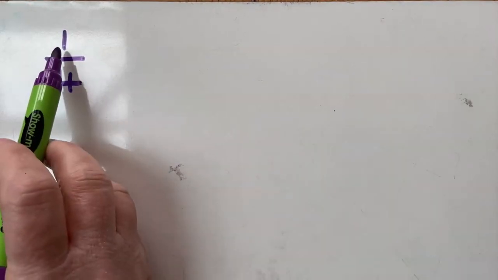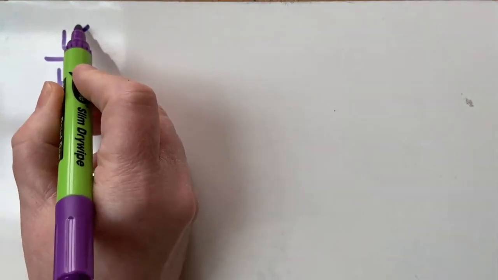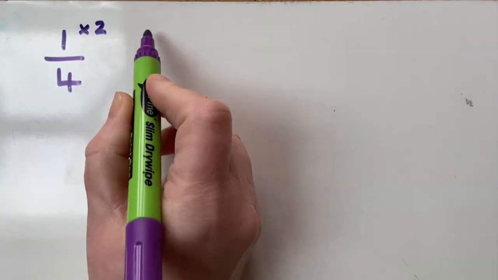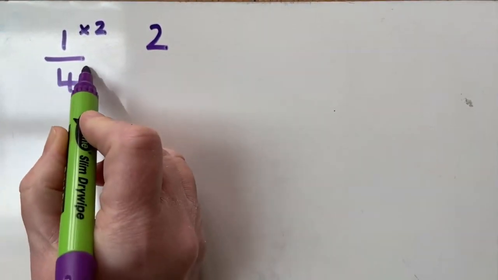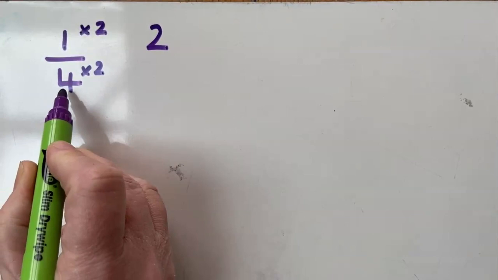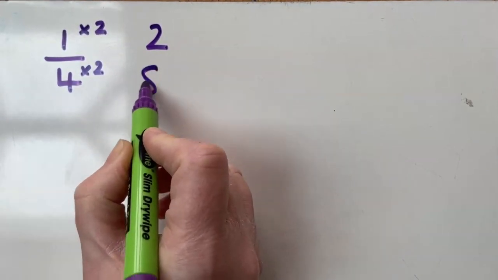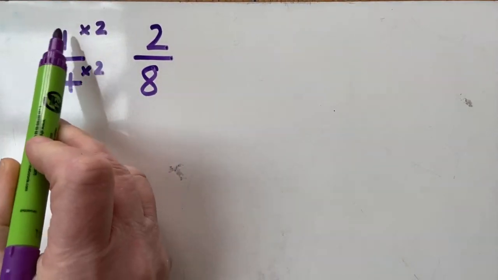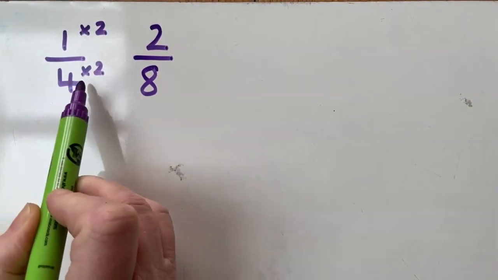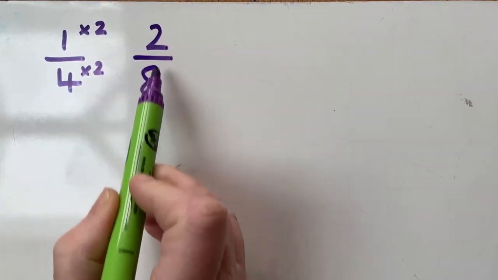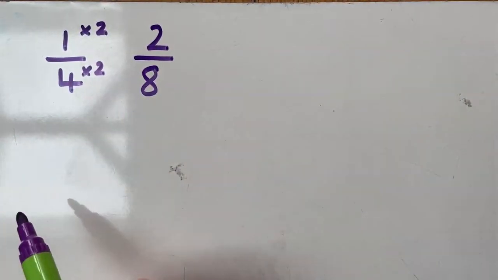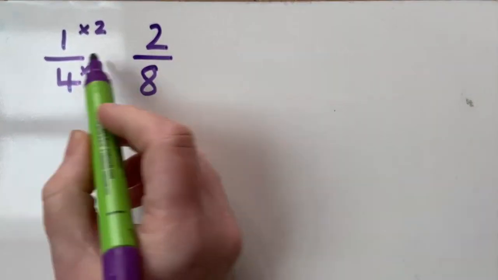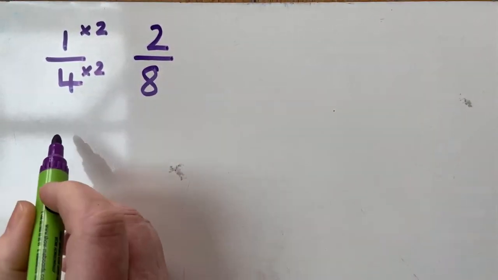So I know that if I multiply the 1 here by a 2, I get 2. And I know if I multiply the 4 by a 2, I get 8. So you can see that by multiplying the numerator and the denominator by the same number, we get an equivalent fraction. Well, that's great. We could multiply it by 3.